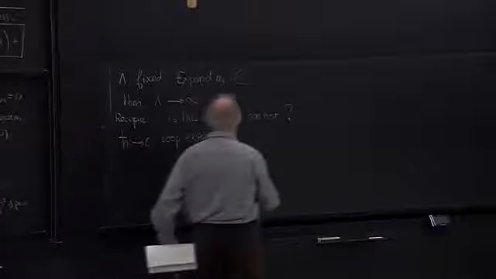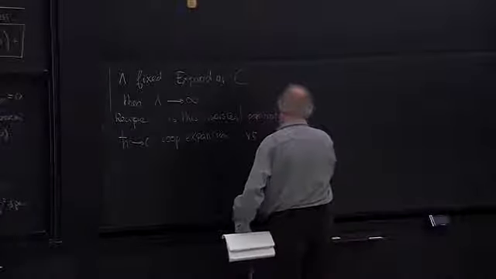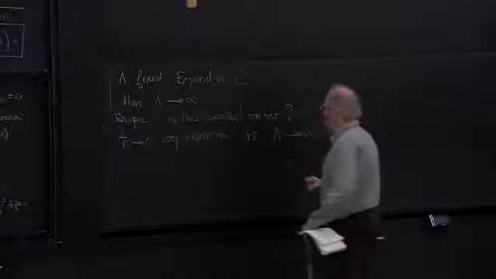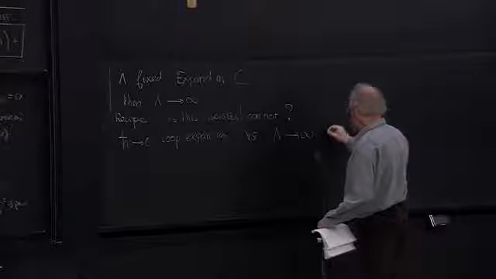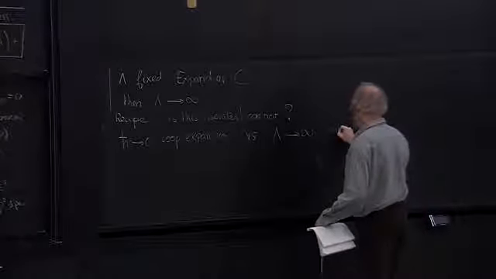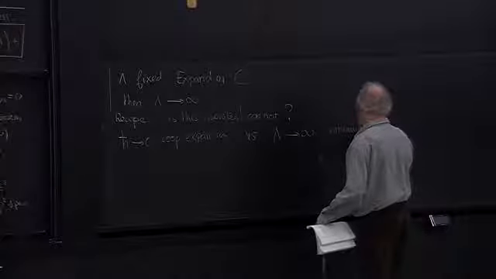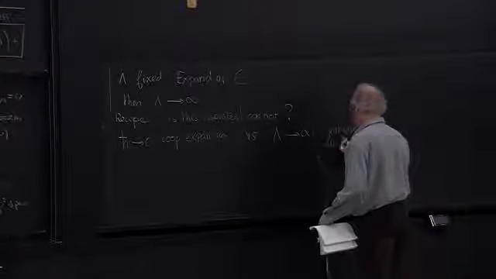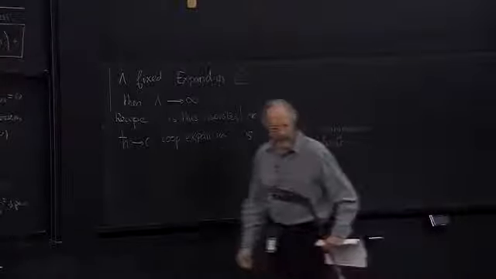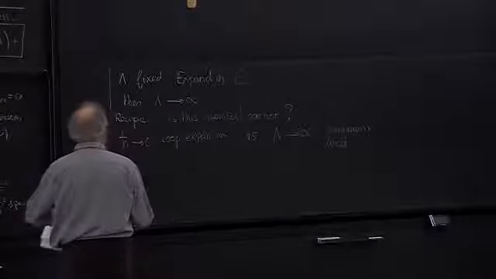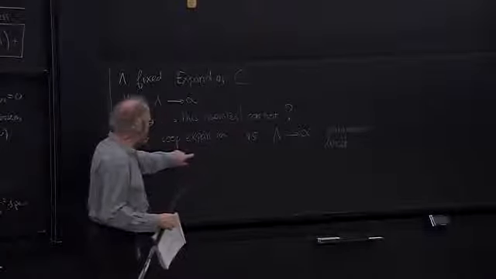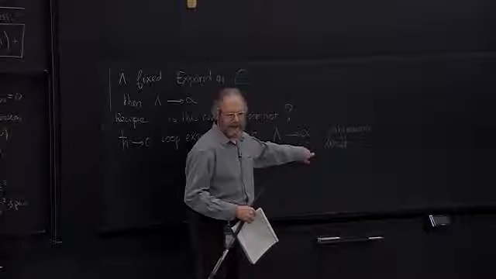And then I'm letting lambda go to infinity, what's called the continuum limit. And what I'm doing is that I'm first doing a loop expansion and then doing the continuum limit.